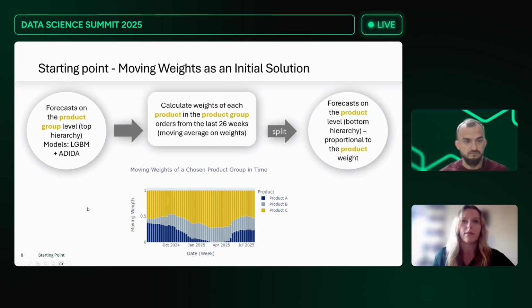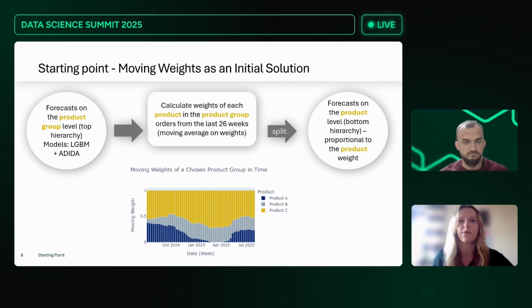Going more into details, our initial solution that was implemented several years ago was based on historical proportions. We calculated the average sales proportion for the last 26 weeks for each individual product in the product group.